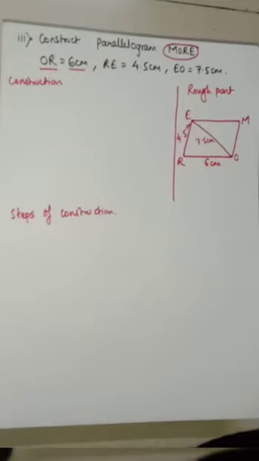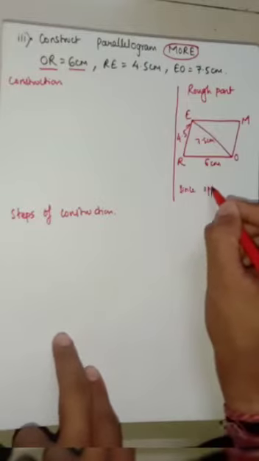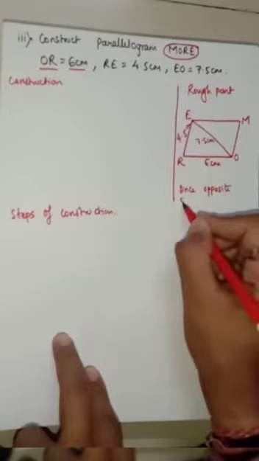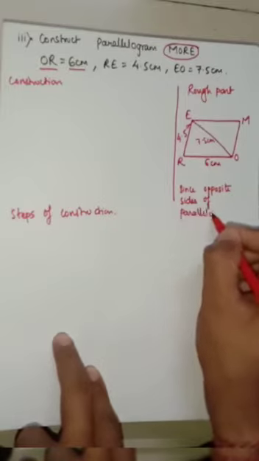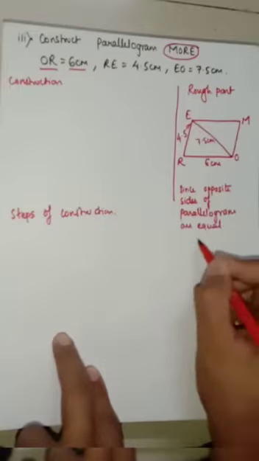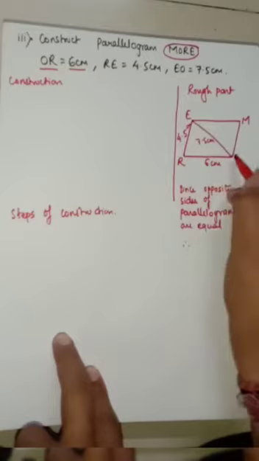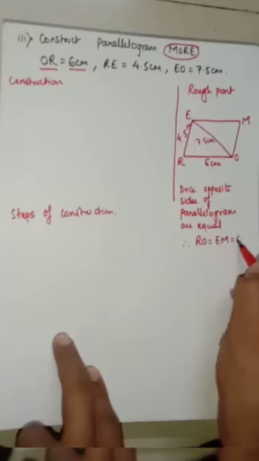So when you look at the rough figure, you will say that, sir, out of the four sides only two sides of the quadrilateral are given. So recall the property of parallelogram that opposite sides of a parallelogram are equal. So here only I am writing, since opposite sides of a parallelogram are equal, therefore RO will be equal to EM, that will be equal to 6 centimeter.